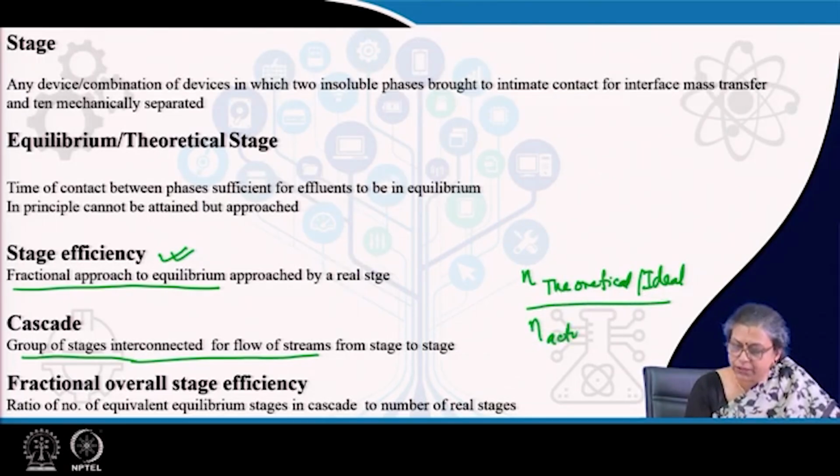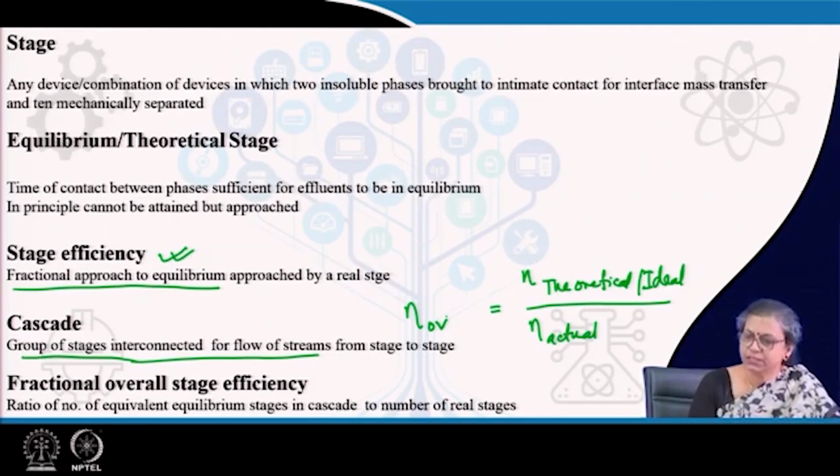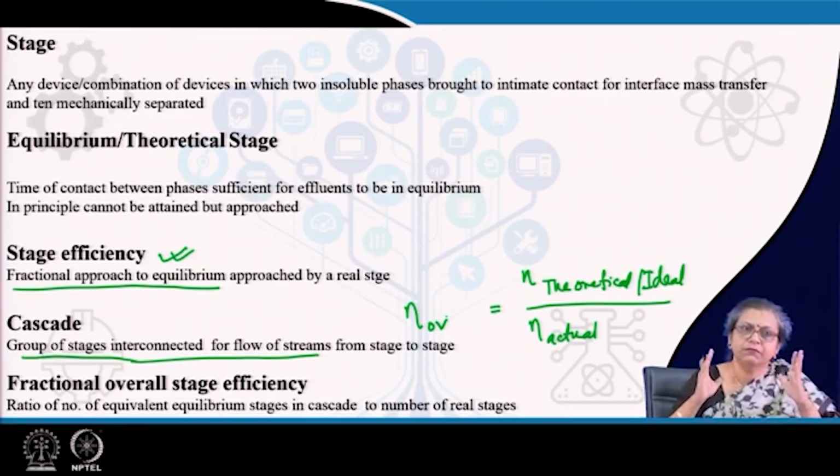So, the ratio of n ideal to n actual gives us the overall stage efficiency of the process. Whenever we design processes, the first thing we do is that we are given some particular specifications.